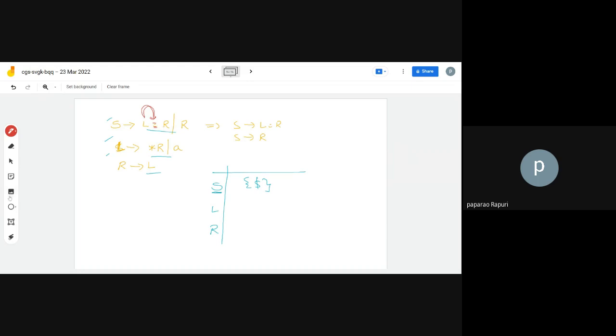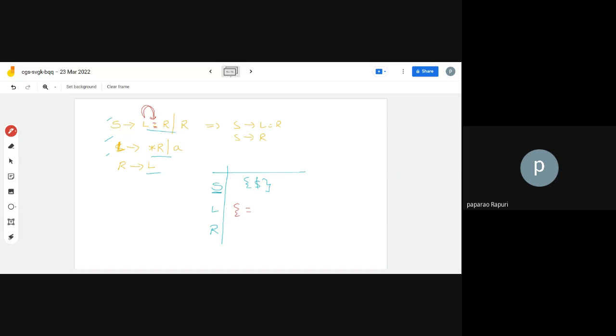So L followed by equals to is there, that is the terminal. For that purpose I can write follow of L, and we can add equals to in the follow of L set. So is it completed?